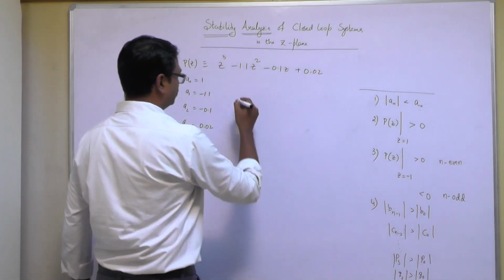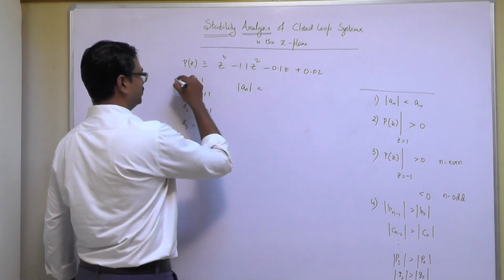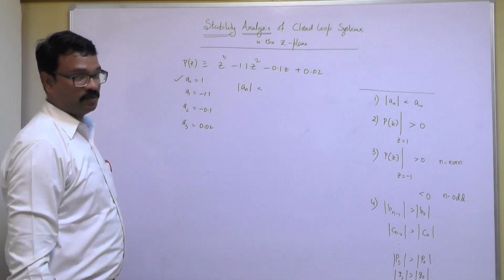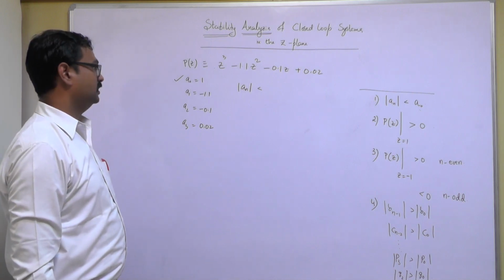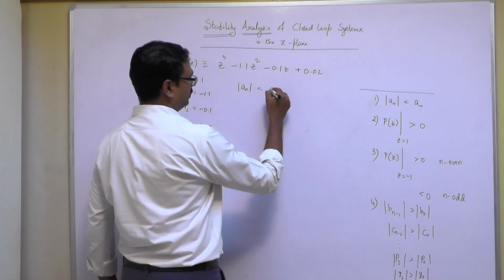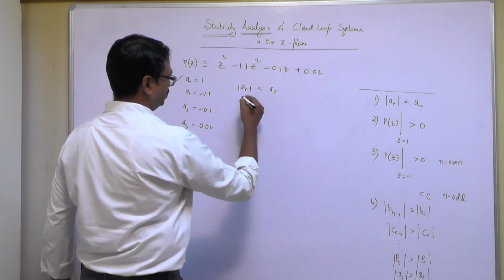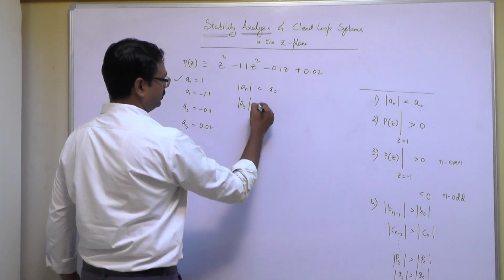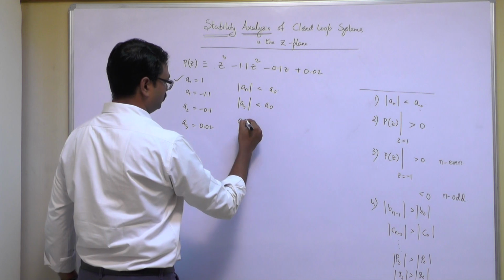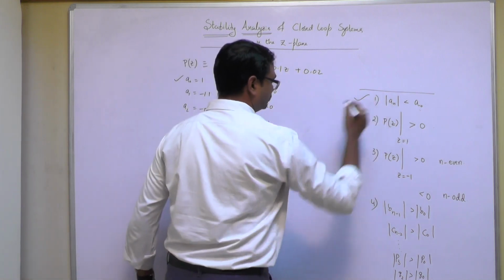First condition: a0 is positive, that is already satisfied. Now mod an is less than a0. That is mod a3 is less than a0, that is 0.02 is less than 1. This first condition is satisfied.